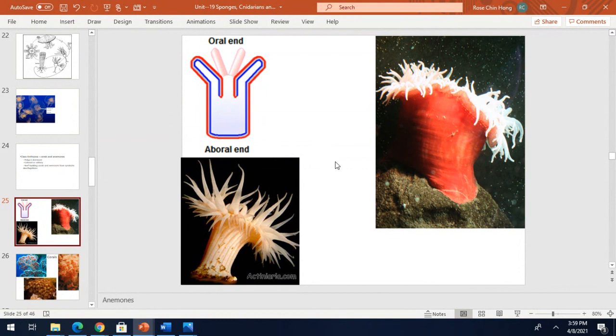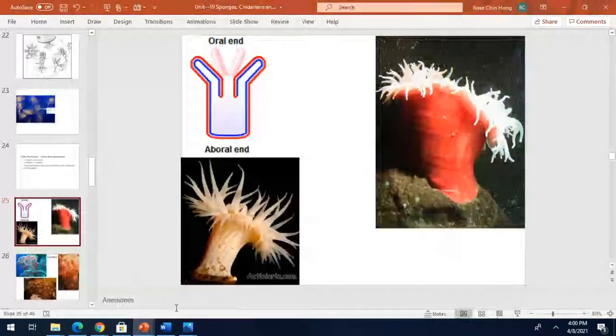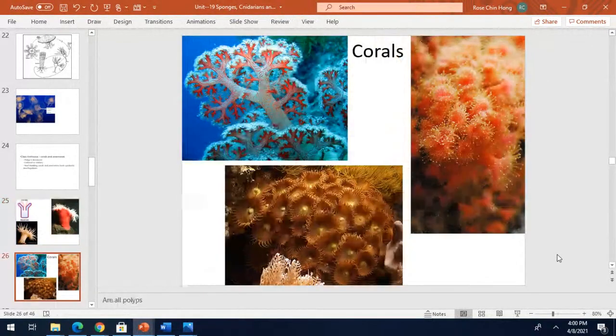All right. So now let's go back to this thing I was showing you guys with this group. We talked about the hydrozoans. We talked about the scyphozoans, which is the Aurelia. And now we're talking about the anthozoans, and we're talking about anemones. Now let us talk about the next one, the corals in the anthozoans.